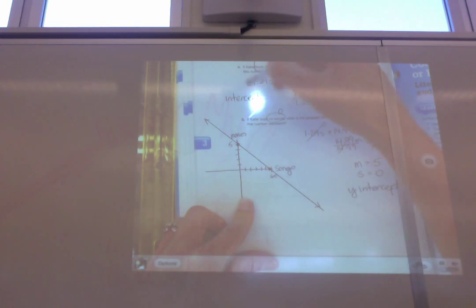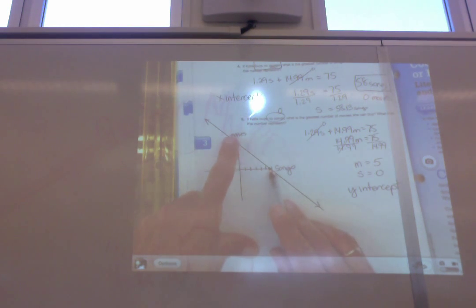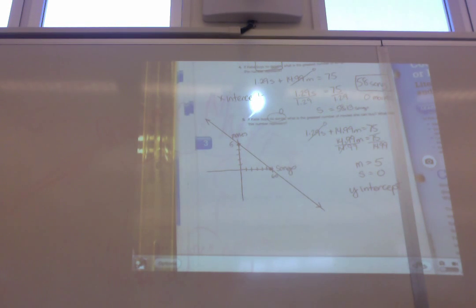And what we found in number 4 is the x-intercept. One way to graph lines, we've been using the slope and y-intercept, but you can also use the x and y-intercept. Depending on the equation and the information you have, this is another way to graph a line. All right.